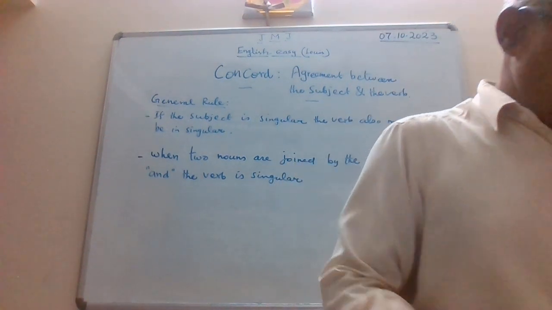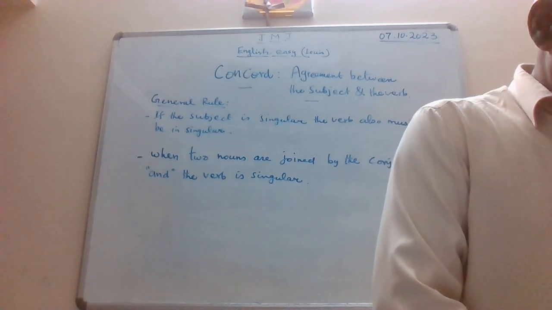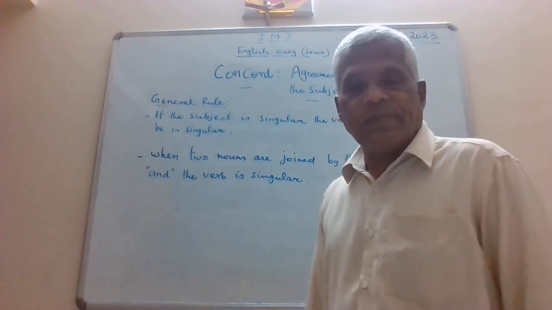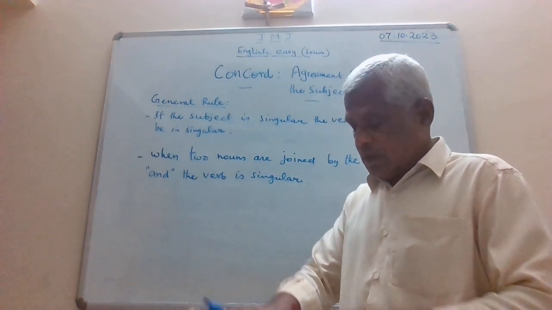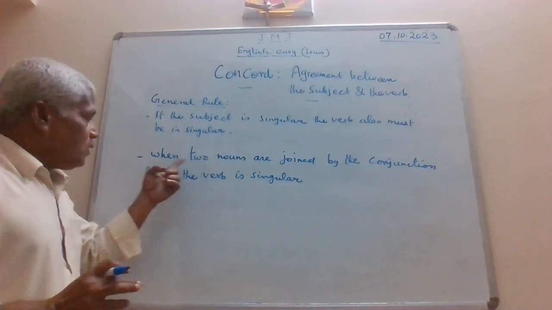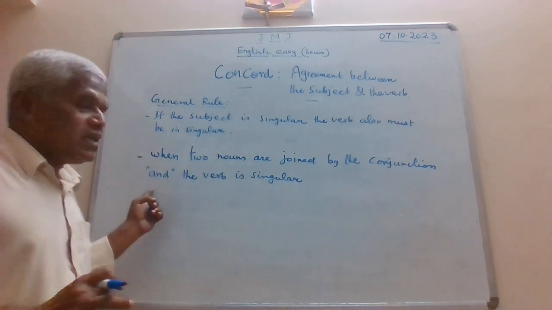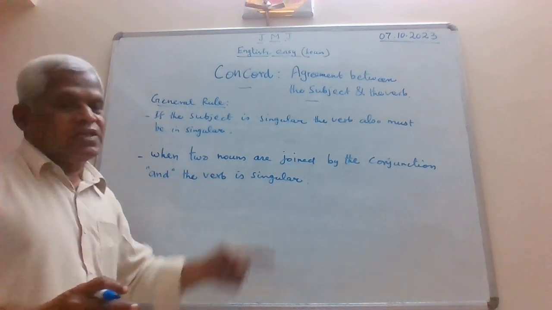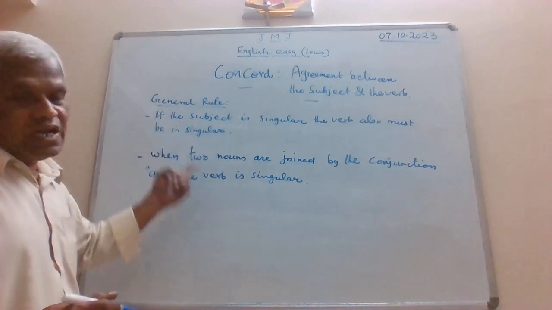Okay? Now, see. So remember now. Every boy and a girl. Let me write an example. Remember, when two nouns are joined by the conjunction and or preceded by every, the verb is singular. See, this is the rather second agreement.